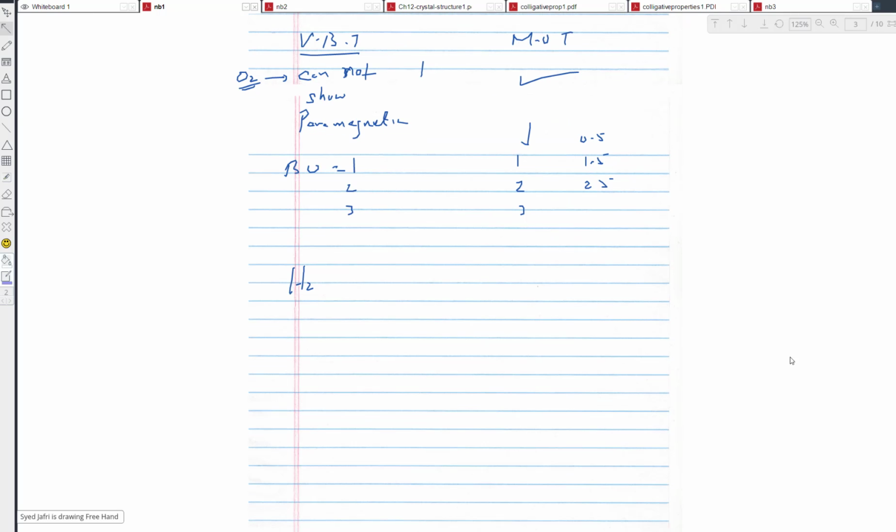For example, if I take the example of H2 positive, what is the bond order of H2 positive? Can you tell me by using the molecular orbital rule? Let's see. So H2 should be 1s2, right? No, first write separately 1s1, 1s1, because each hydrogen has one electron, but you have a plus charge here.